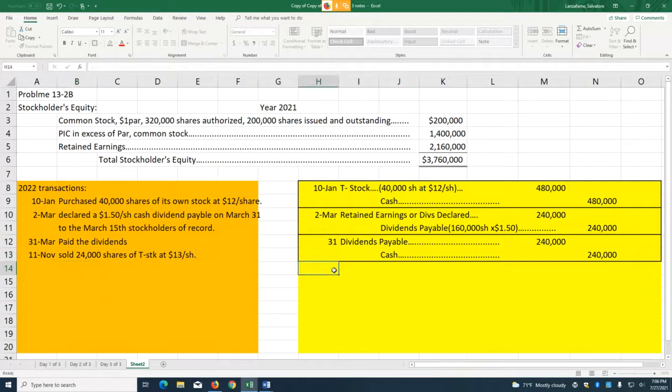So when you go to do this journal entry on November 11th, now remember, you're reissuing it, so now you're getting some of your cash back that you originally spent in the first transaction. So you're going to debit cash.